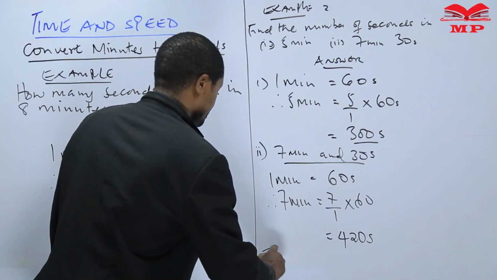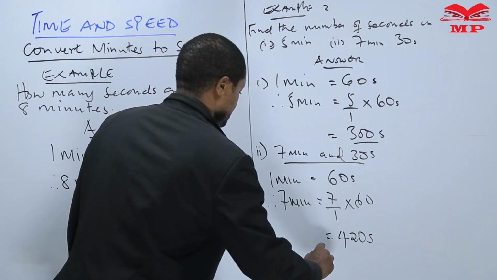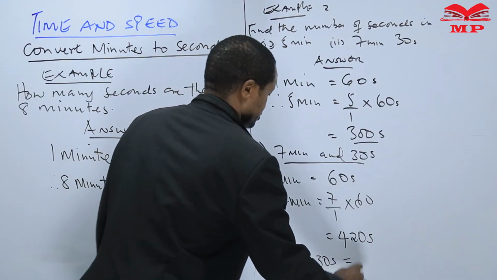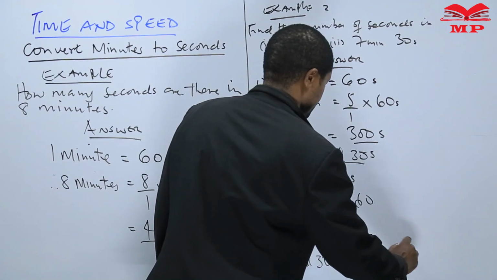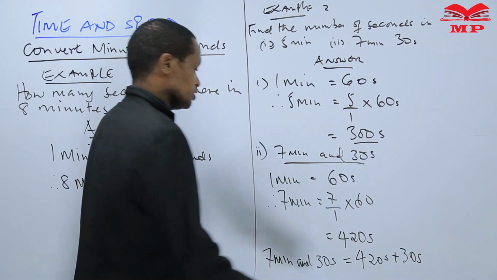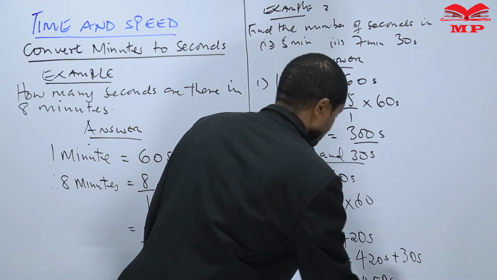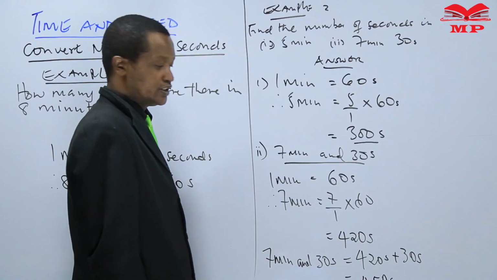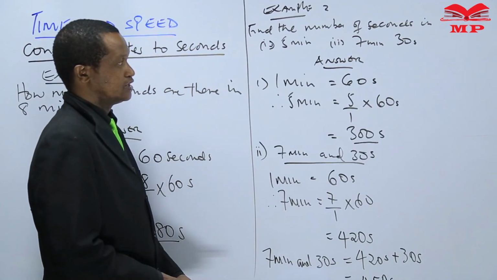Therefore, 7 minutes and 30 seconds will be equal to 420 seconds plus 30 seconds, which will give us 450 seconds. So that is the answer, learners.